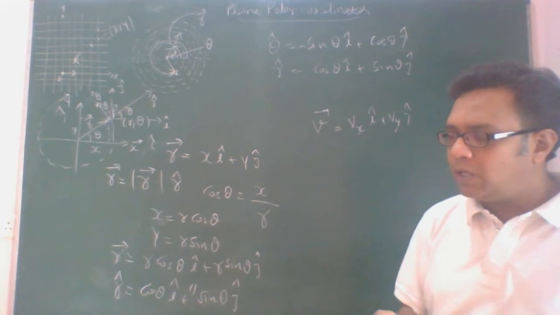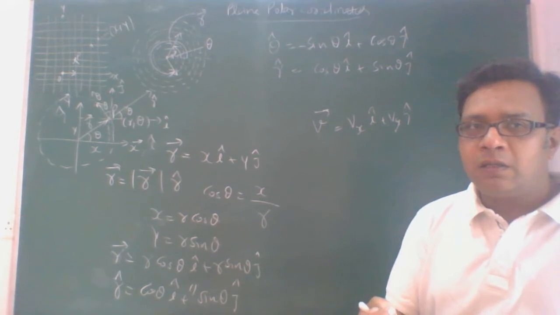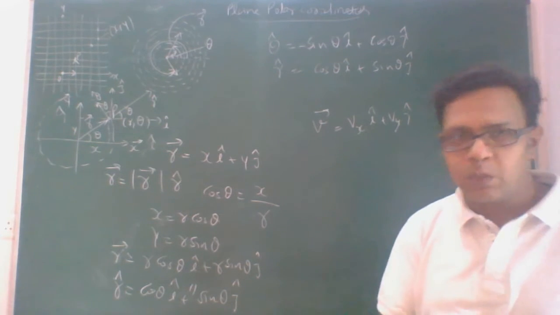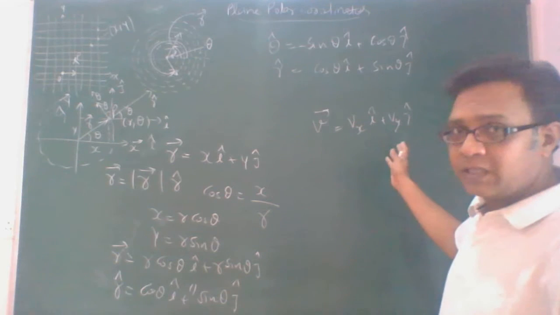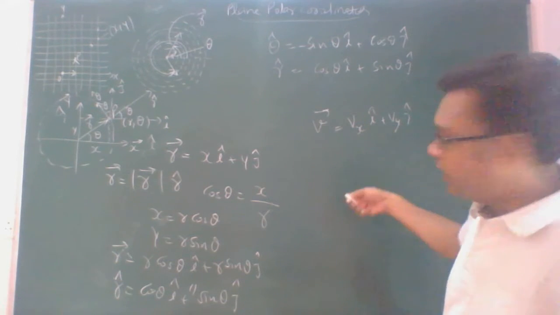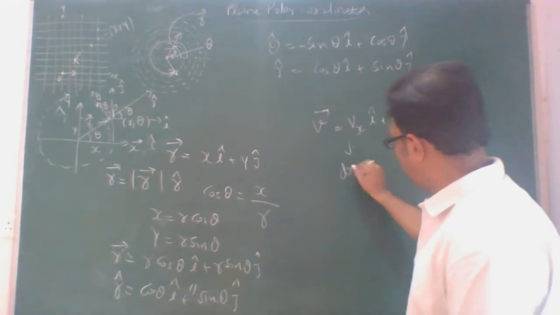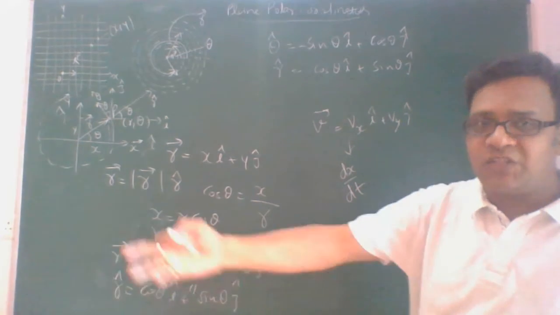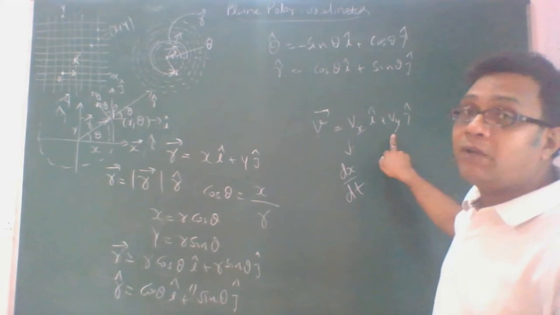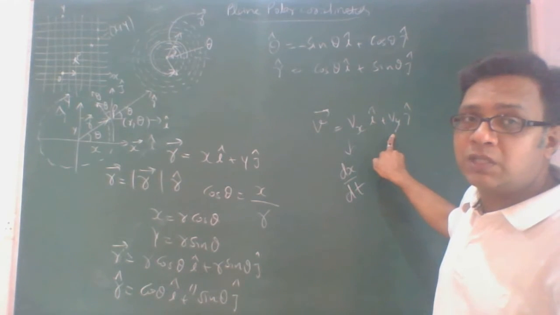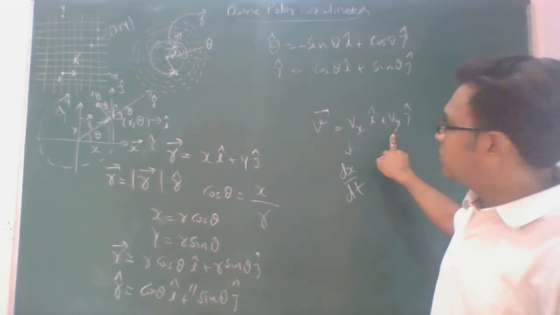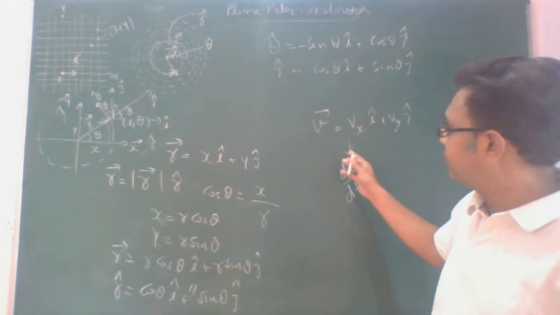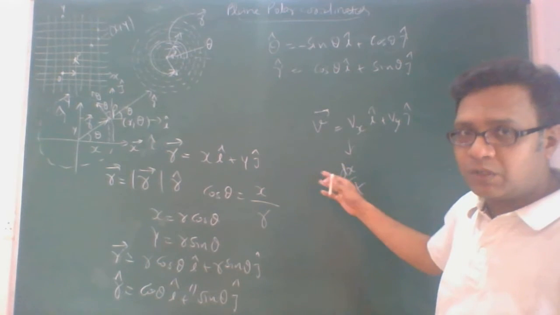You have to know the components of the particle's velocity along the x-axis and y-axis, and this is how you relate them. So Vx is nothing but dx by dt, the rate at which displacement is changing along the x-axis, and Vy is accordingly the rate at which displacement is changing along the y-axis. So this was the way you had velocity measurements using the Cartesian system.